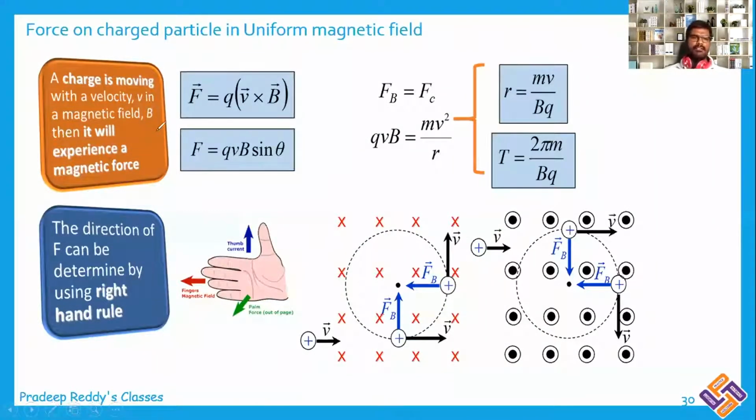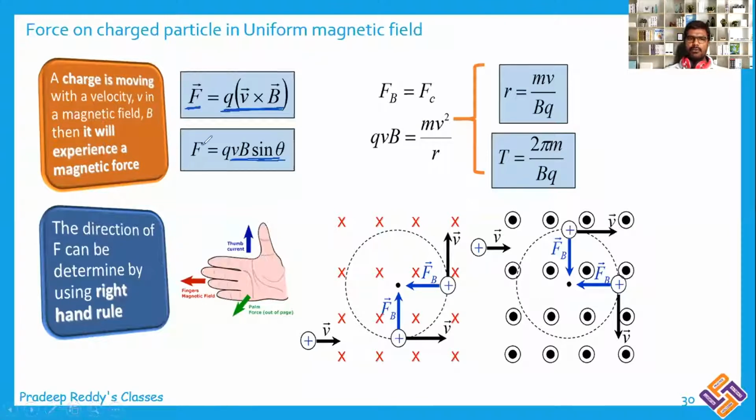Students, as I already mentioned, whenever a charged particle is moving into a magnetic field with velocity v, it will experience a force equal to q into v bar cross B. But what is v cross B? v cross B is equal to vB sin theta. Therefore, F is equal to qvB sin theta.